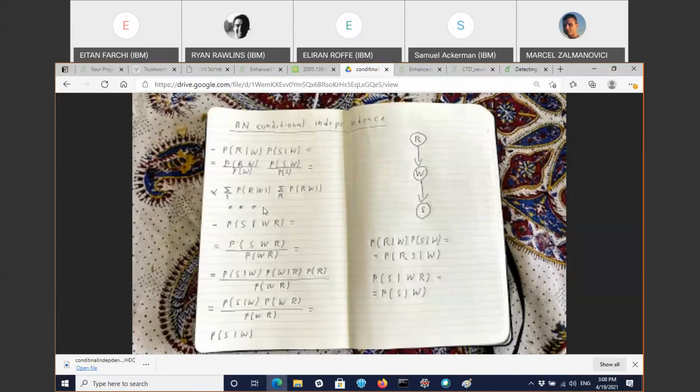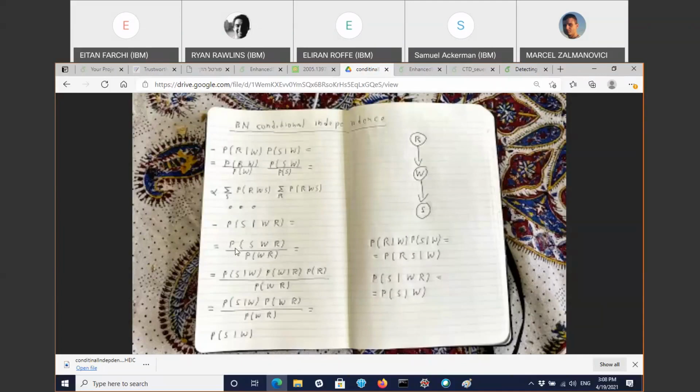It looks a bit complicated, so I'll give that up, and I'll start with the probability of S given W and R. Maybe that will be easier. That's the probability of S, W, and R divided by the probability of W and R. That's the definition of the conditional probability.